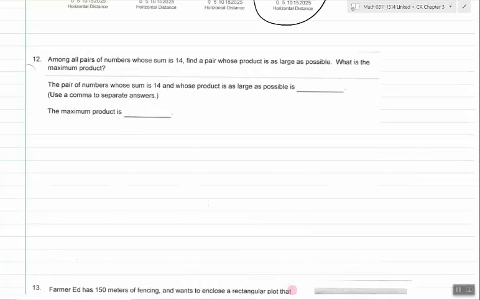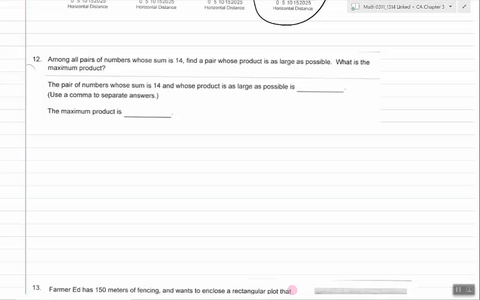All right, we have a few more application problems. It says, among all pairs of numbers whose sum is 14, find a pair whose product is as large as possible. And what is the maximum product? Now, we're not going to use x and y as the two numbers.